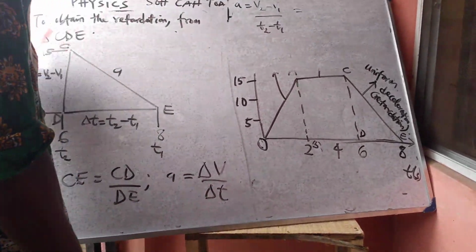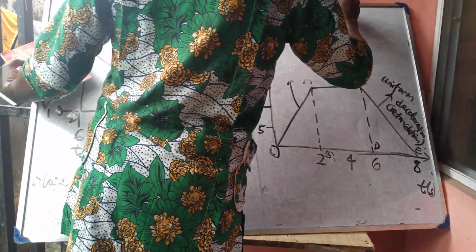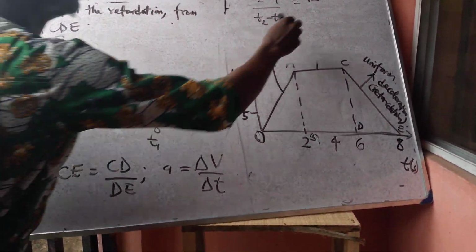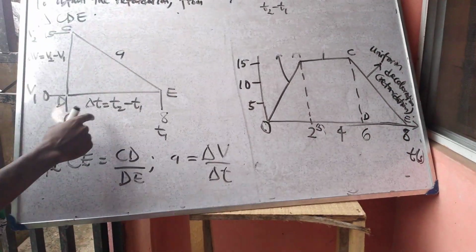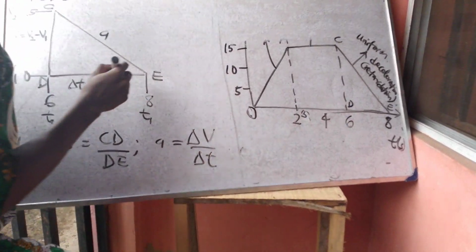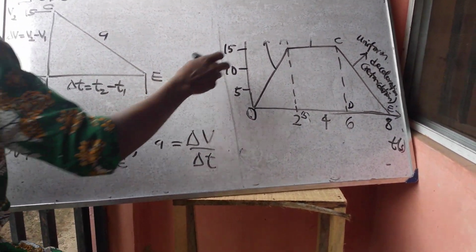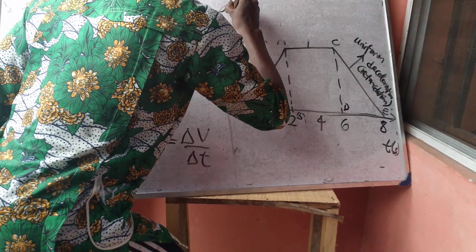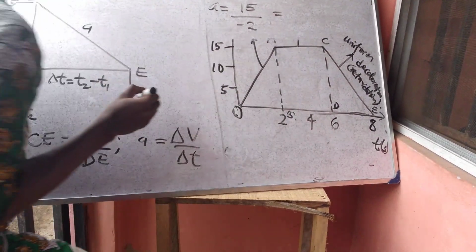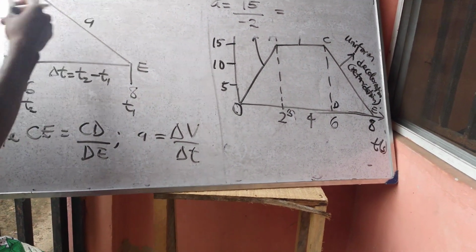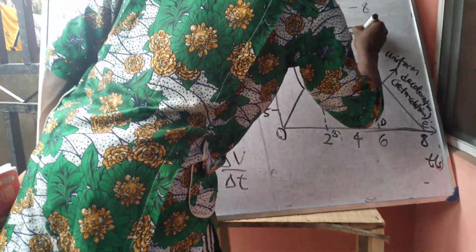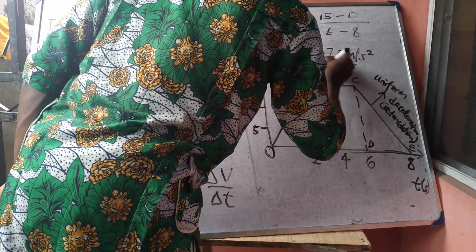What is V2 in this case? V2 is 15 and V1 is 0, over T2, which is 6, and T1, which is 8. So A will be equal to 15 divided by 6 minus 8, which is minus 2. So 15 divided by minus 2 gives you minus 7.5 meters per second square.